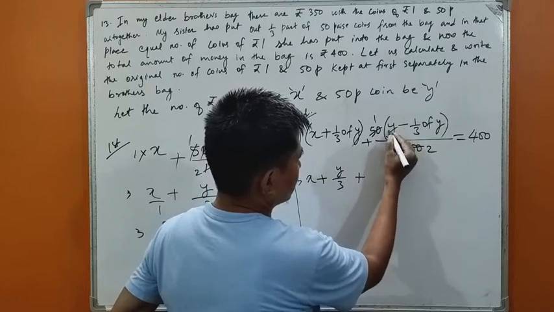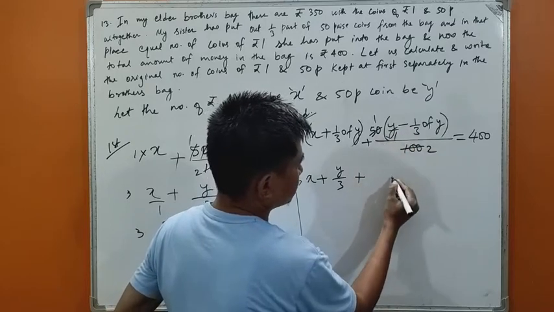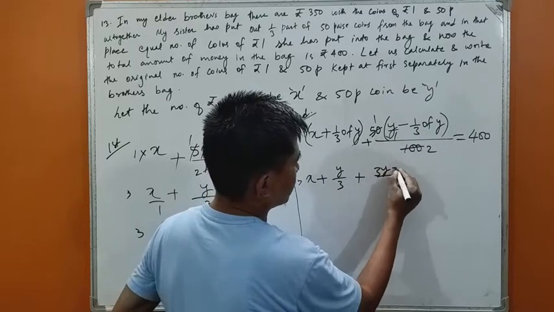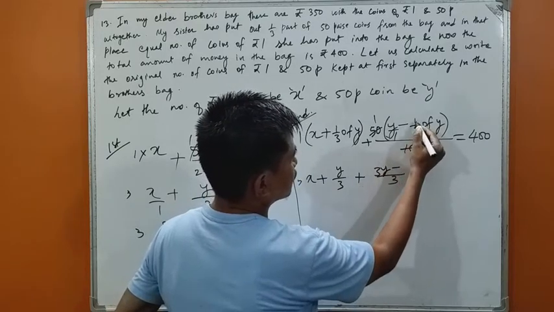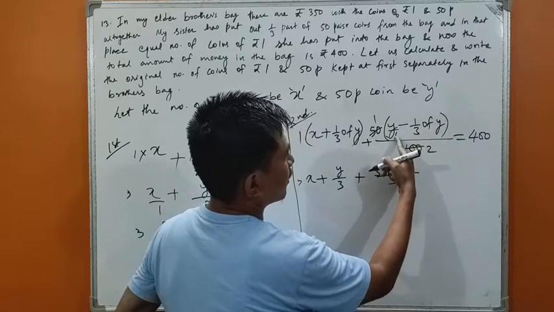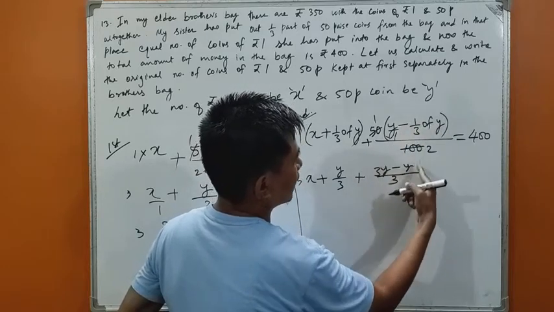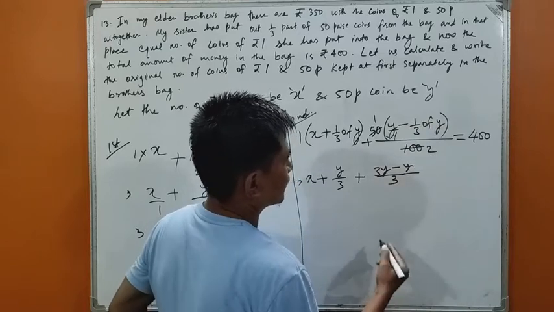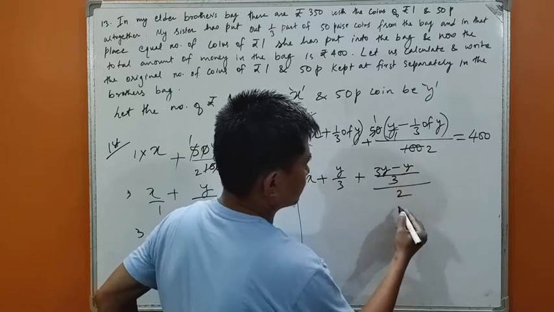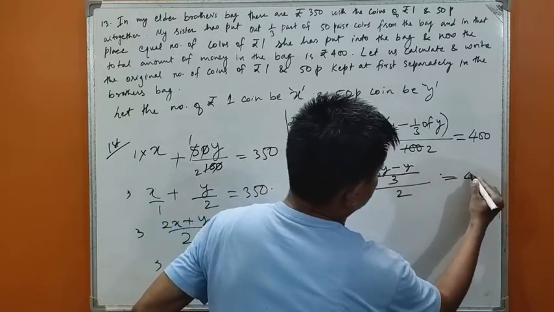Here we have 3 in the denominator of y. Let us take the LCM. 3 into y is 3y minus 1 into 1 is 1 into y is y. Of means into, okay? So divided by 3 whole upon 2, isn't it? This equals to 400.